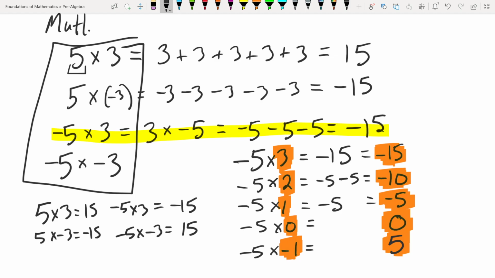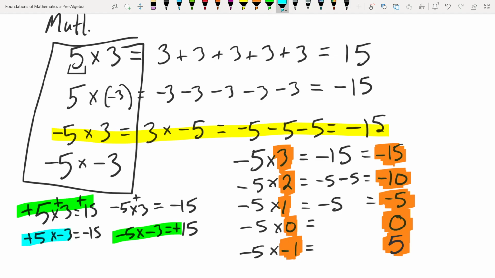Do you see a pattern here? We have positive times a positive equals positive, positive times negative equals negative, negative times positive equals negative, and negative times negative equals positive. In the first case, we have 2 positives gives us a positive. In the last case, 2 negatives gives us a positive.